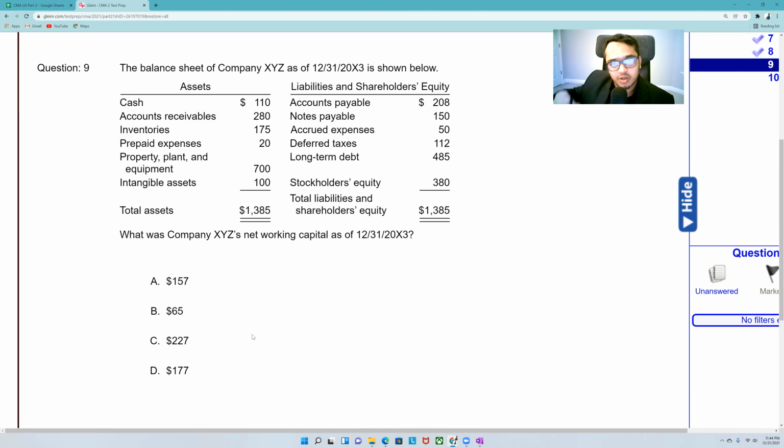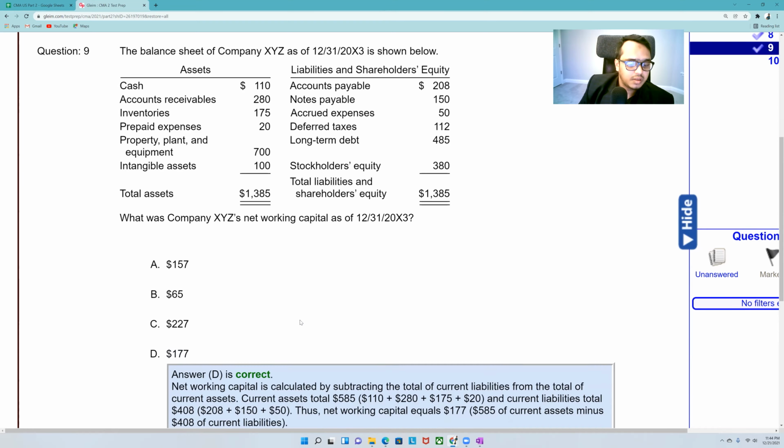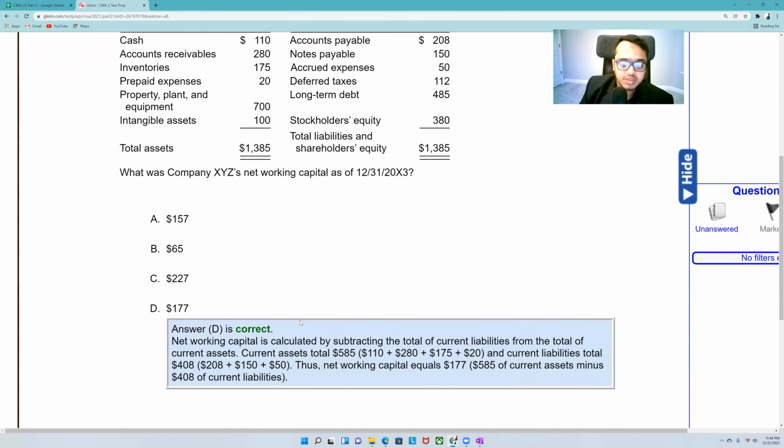Deferred taxes means you do not have to pay it this year, you have to pay it next year. Minus 208 minus 150 minus 50 is equal to 177. Yep, it is right. If you want to see the explanation, you can pause it and see it. Next.